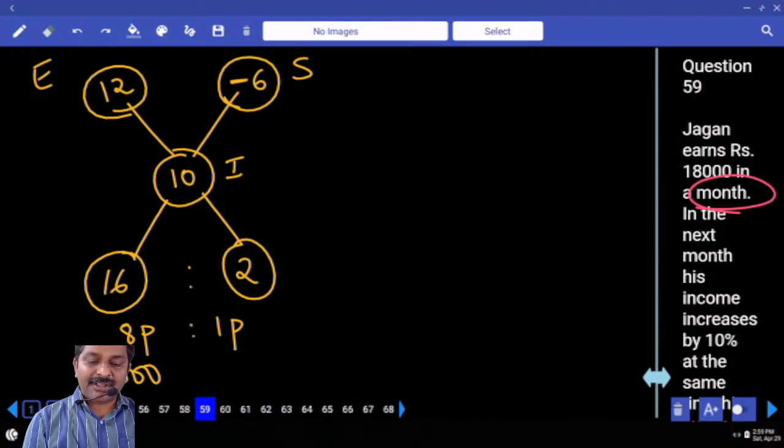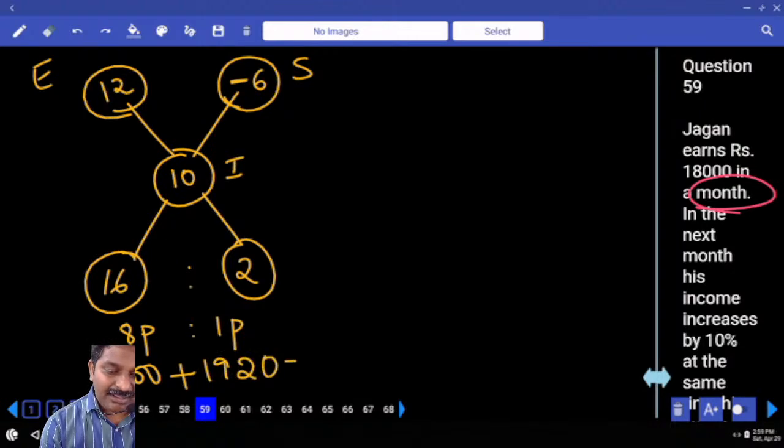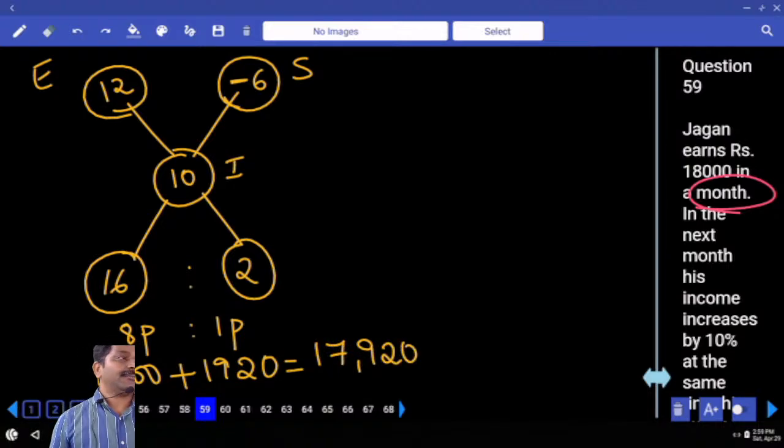That means we have to increase this value by 12% only. What is 10%? 1,600. 1%? 160. 2%? 320. 1600 plus 320 is 1920. Answer: 17,920.